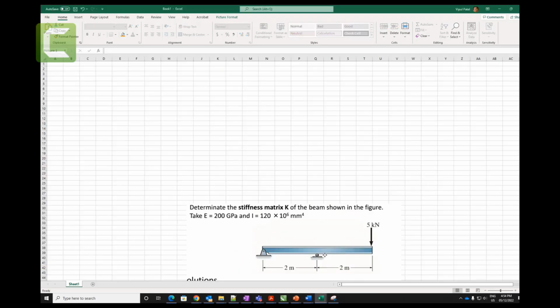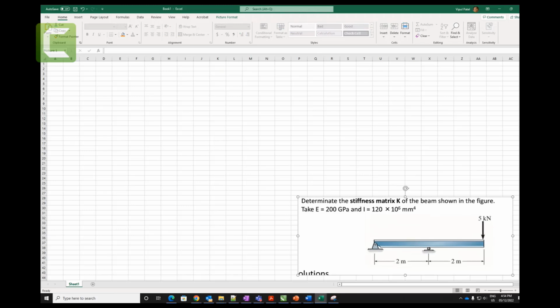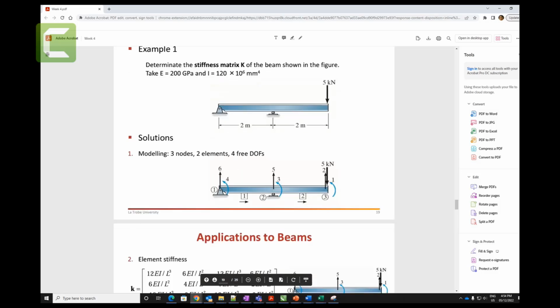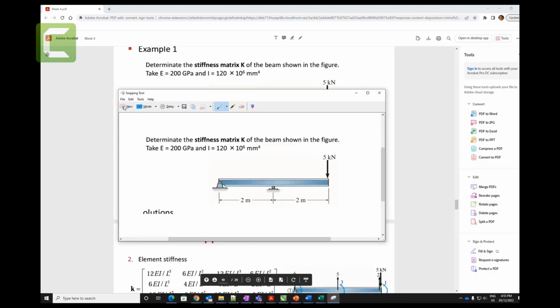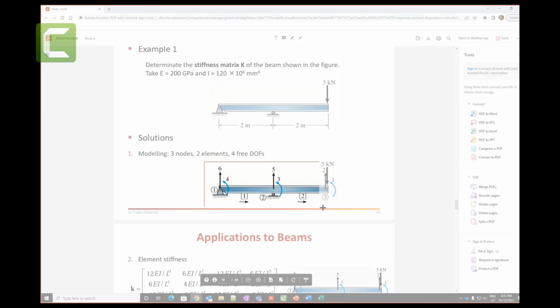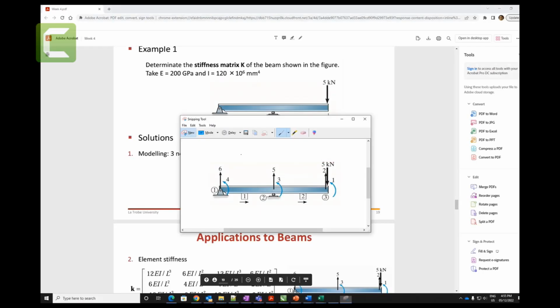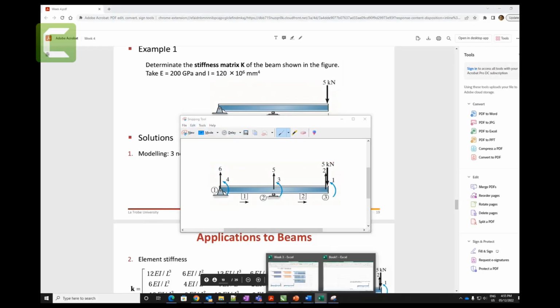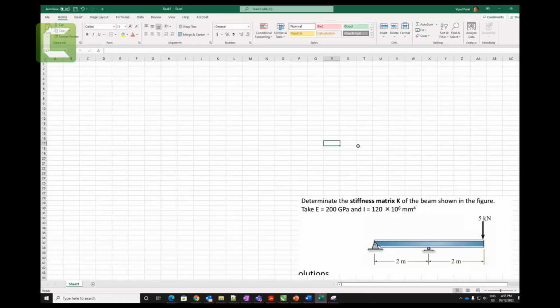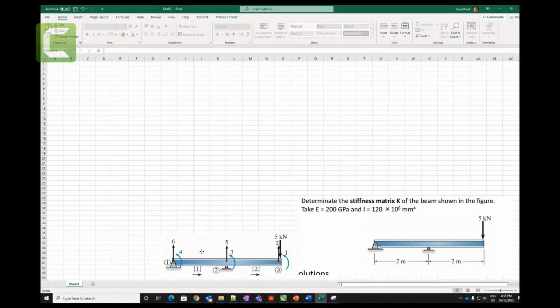Let's put one somewhere here for the reference. Let's get another one. We need the modeling one as well. Let's get this modeling one and put it here as well.